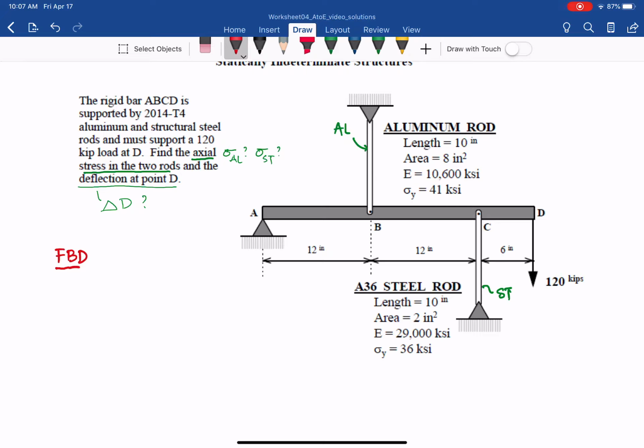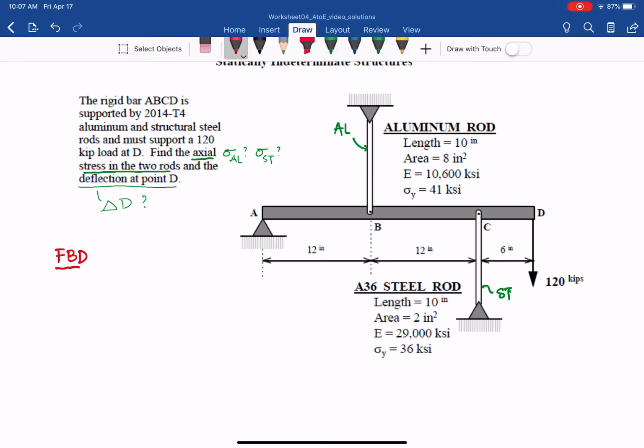So with that, we can draw the free body diagram for the aluminum rod and the steel rod. As you can see, for a free body diagram, basically we isolate each body from its surroundings. So from there, you can see the aluminum rod is in tension. So when you isolate it, the load will go up at your cut.